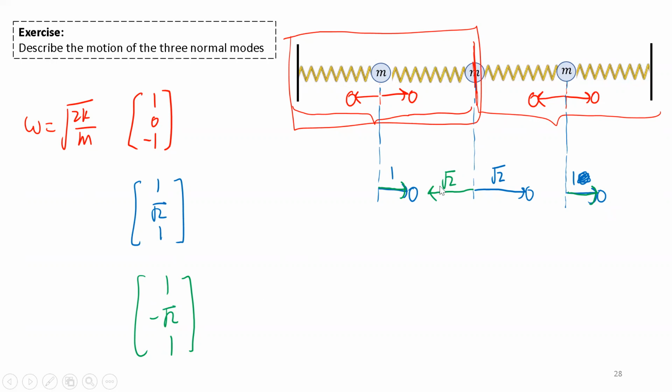However, for this one, because these two are moving to the right but this one is moving to the left, you create much more significant stretching or compression for this spring and this spring, and that leads to a higher frequency or higher energy for the mode.